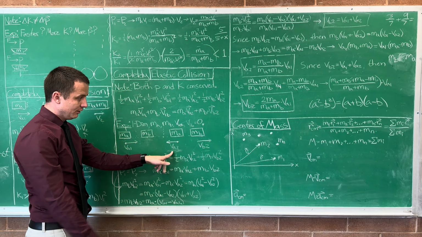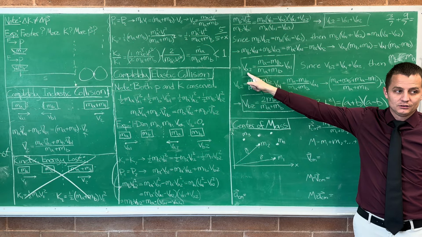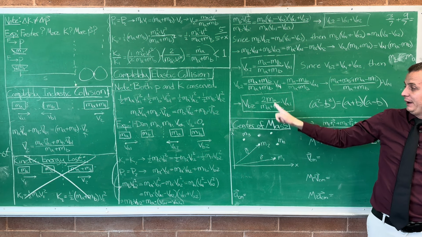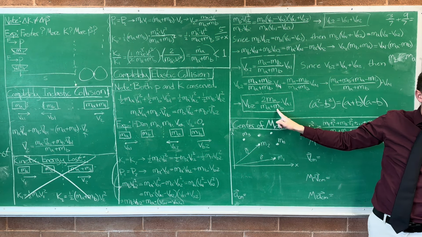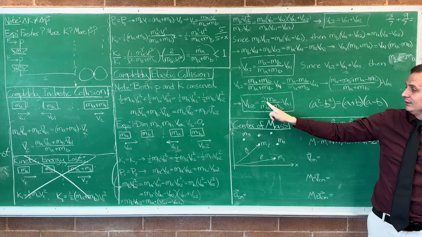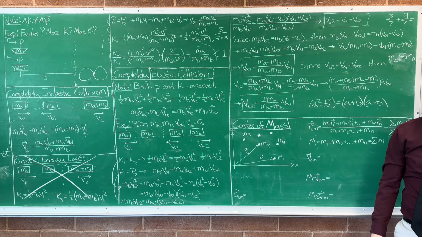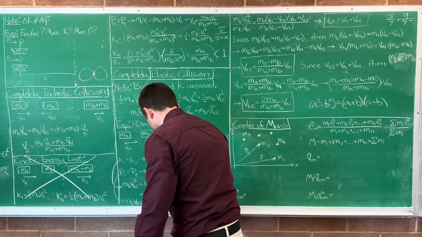When the masses are the same, a number minus itself is 0, and so VA2 is 0. Let's look at VB2. 2 times the mass: if MA is equal to MB, this is 2MA, this is 2MA, and so it's 1. And so it's just equal to VA1. Good? So that's what the math says will happen.